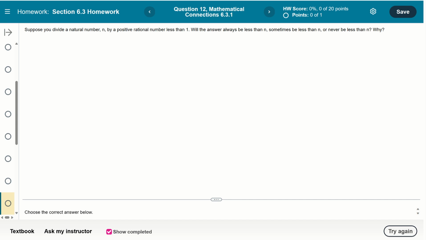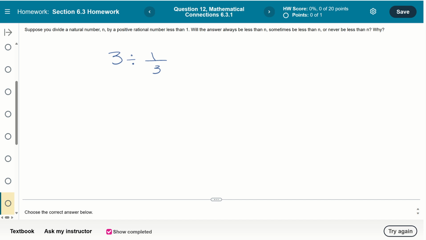So let's just say we take a natural number, say 3. And we're going to divide it by a positive rational number less than 1. So for example, 1/3, right? See, that's a rational number less than 1, right?